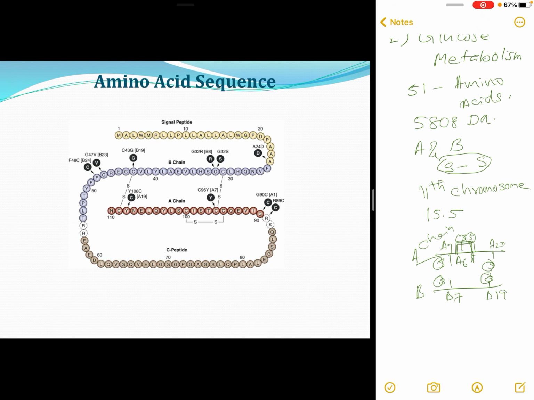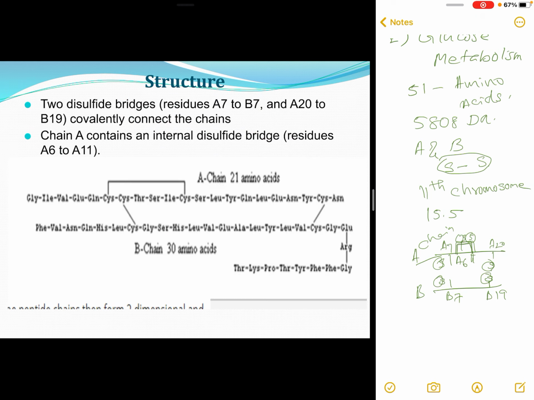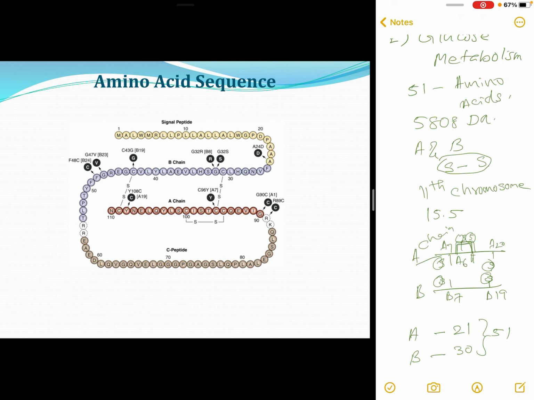Here you can see the amino acid sequence. The A chain consists of 21 amino acids and the B chain consists of 30 amino acids. Put together we have 51 amino acids which form the human insulin sequence.